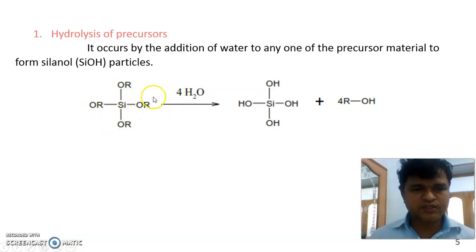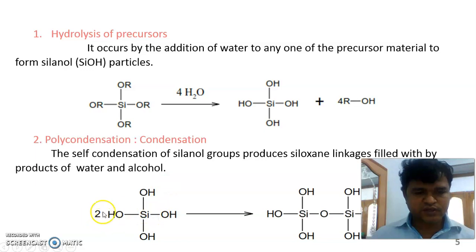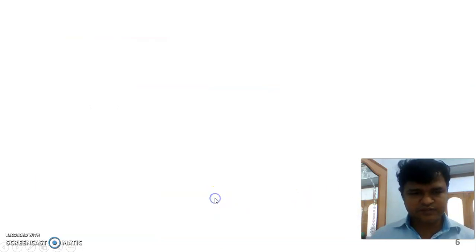In this silicon nanoparticle synthesis, these are the alkoxy silicons, either ethoxy, methoxy, or butoxy, which undergo hydrolysis to form hydroxides. It is known as silanol. And again this silanol undergoes condensation. Two silanol molecules, by liberating one water molecule, get condensed to form siloxane.